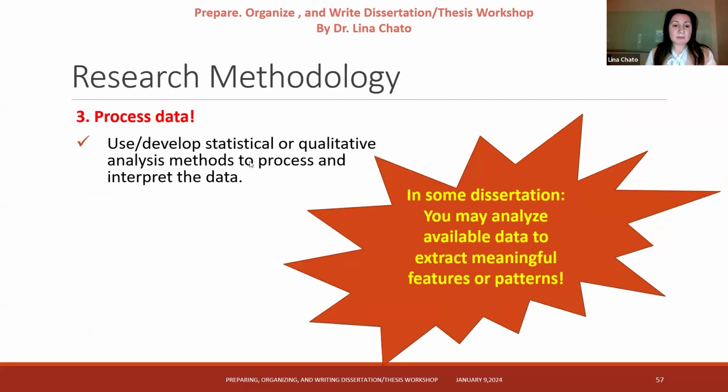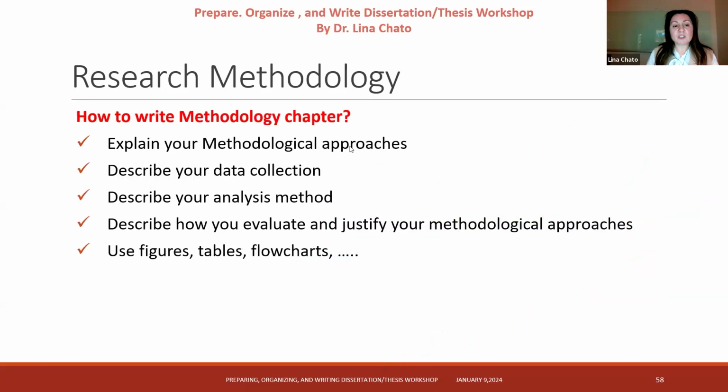It depends, as I mentioned. You can use or develop statistical or qualitative analysis methods to process and interpret the data. How to write the methodology chapter: explain your methodological approach, then describe your data collection, describe your analysis method, and describe how to evaluate and justify your methodological approach.